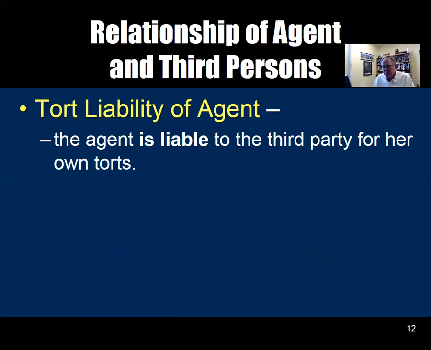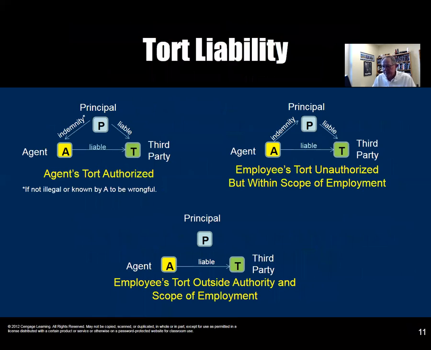This is kind of just a summary. Let me go back. That's a summary of tort liability of the principal. You'll see we talk about indemnification: if there is an unauthorized tort committed within the course and scope of employment, obviously the third party can always sue the agent or the employee and the organization.